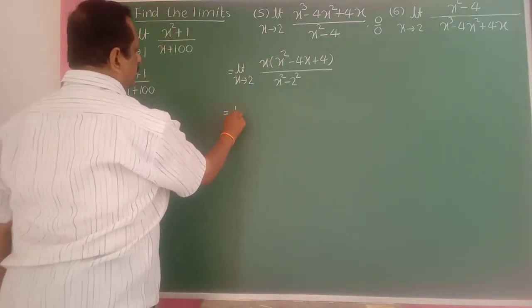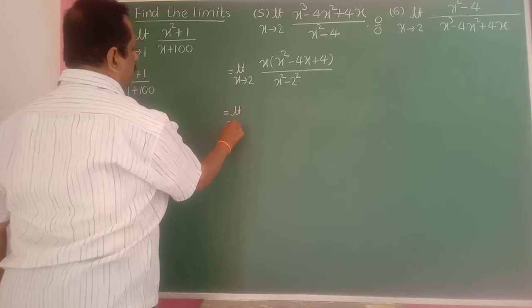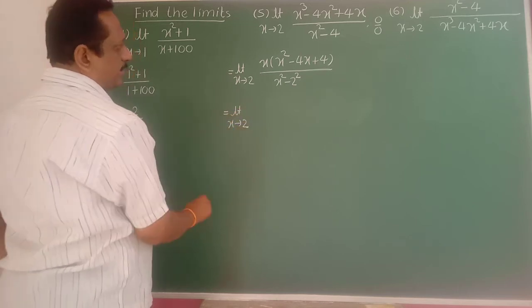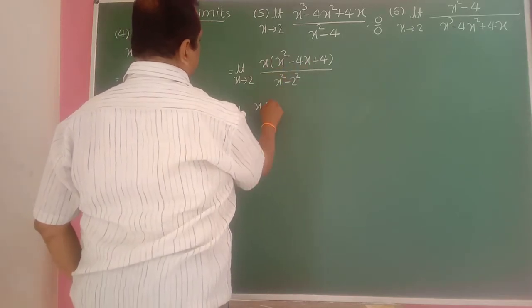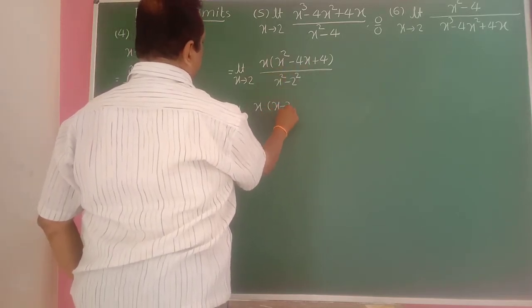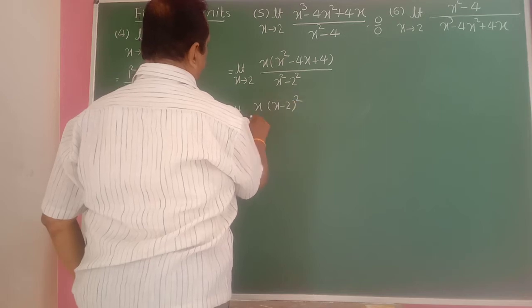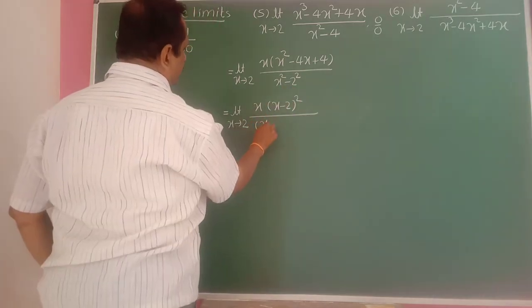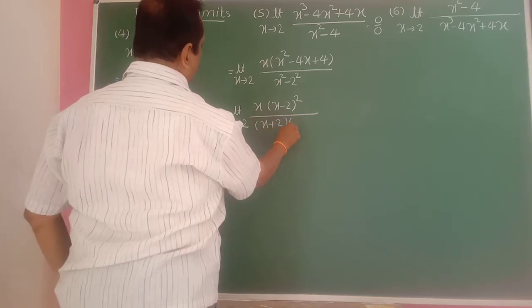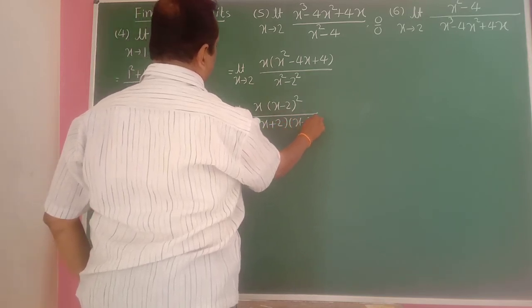Then x square minus 4x plus 4 can be written as x minus 2 whole square, divided by, using the a square minus b square formula, x plus 2 into x minus 2.